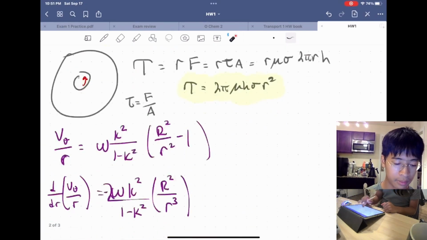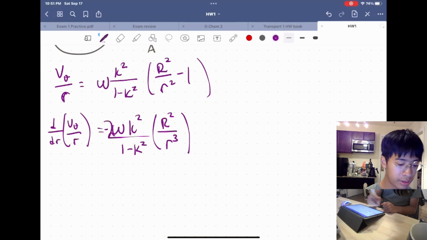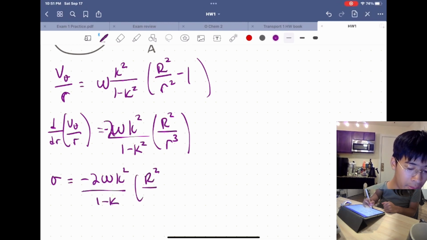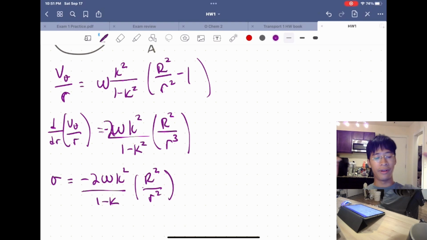So now we can say that shear rate is equal to negative 2 omega k squared over 1 minus k, times r squared over independent variable r squared. Now, let's look at this from the perspective of the inner cylinder.